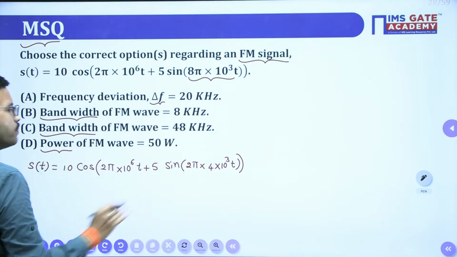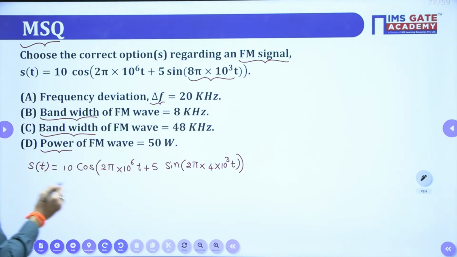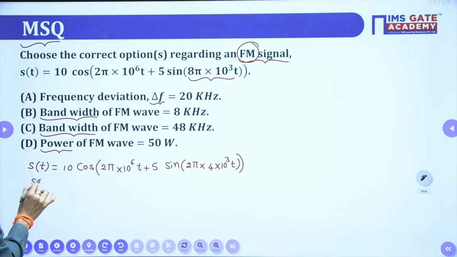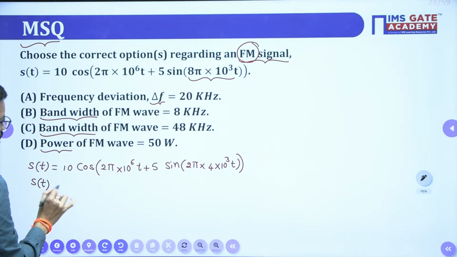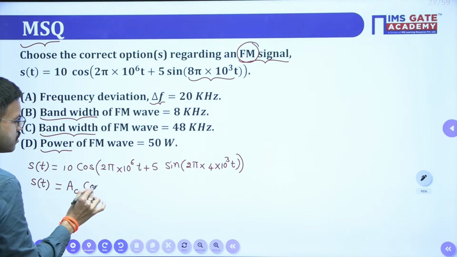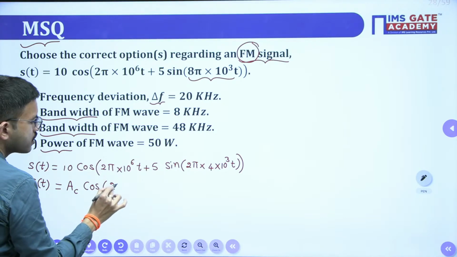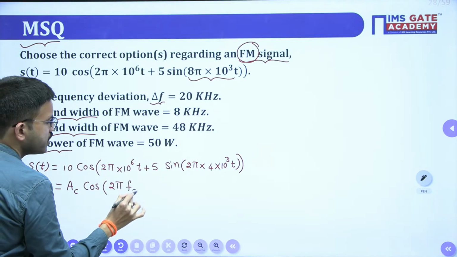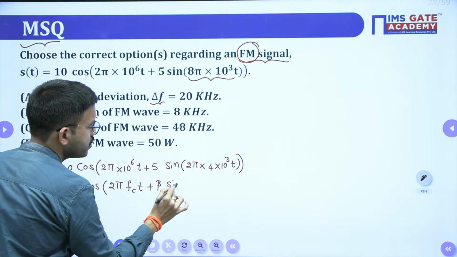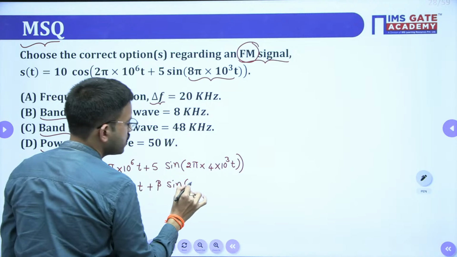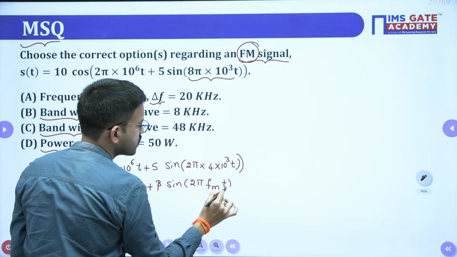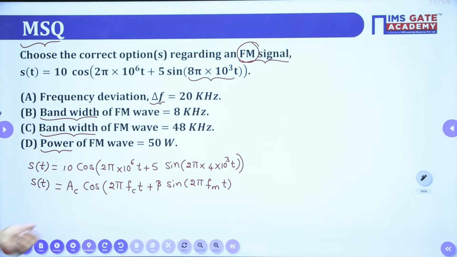Now compare this equation with the standard equation of an FM signal. The standard equation is S of t equals Ac into cos of 2 pi fc t plus beta into sine of 2 pi fm t. Now compare these two equations.